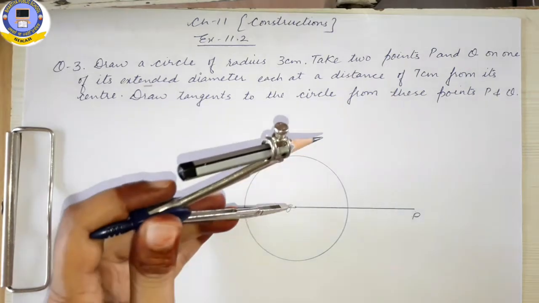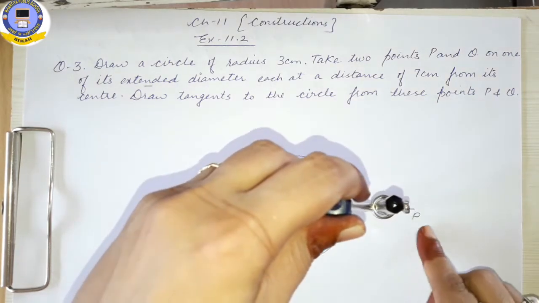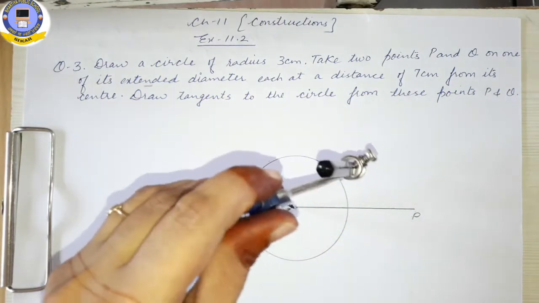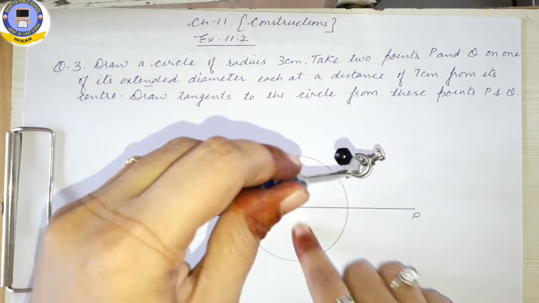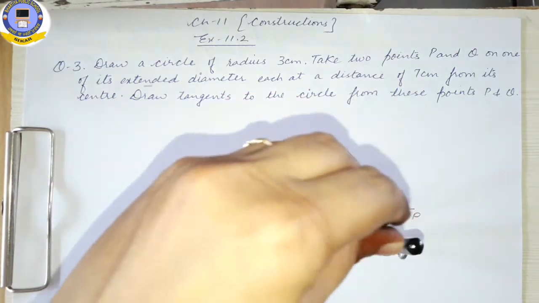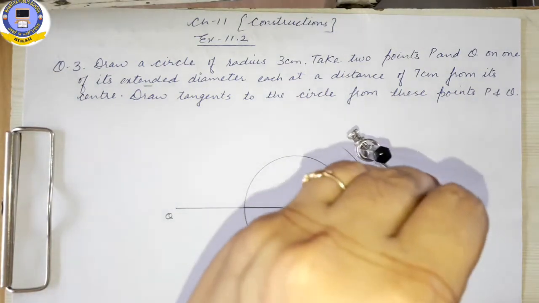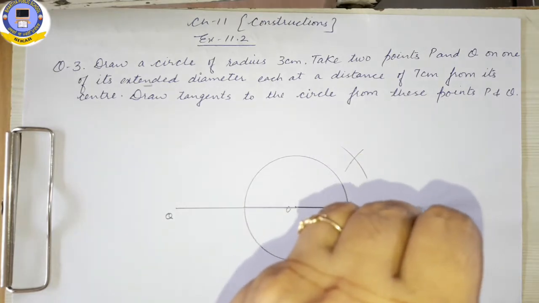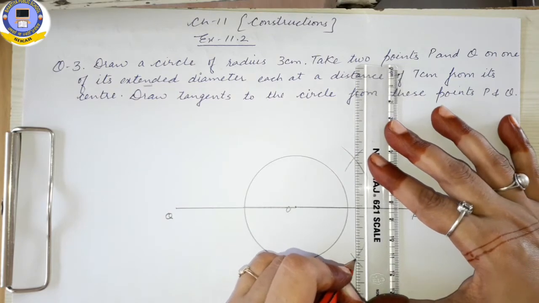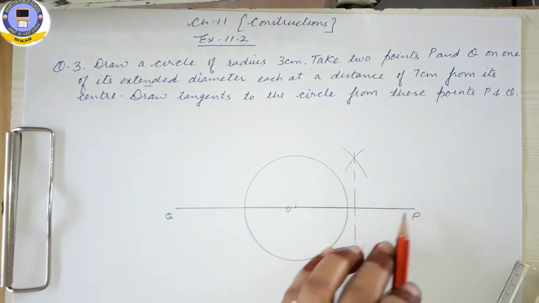So keeping compass pointer at O and radius more than half of OP, draw perpendicular bisector of OP first of all. Cut an arc upside and downside with the same radius, then taking P as center, cut arcs which will cut your previous arcs. Okay, now join these two with dotted lines to get perpendicular bisector of OP.